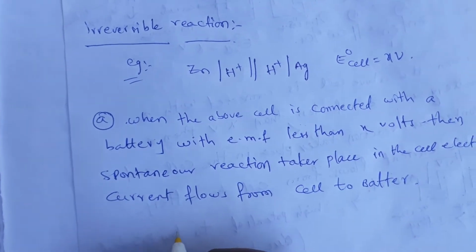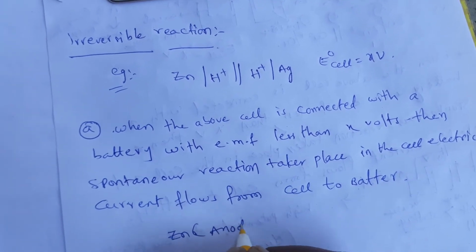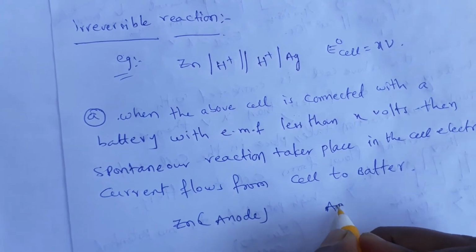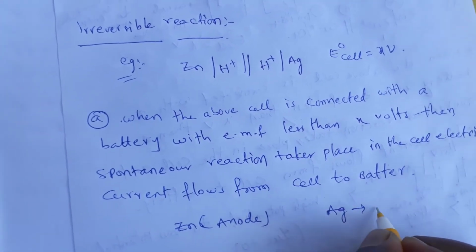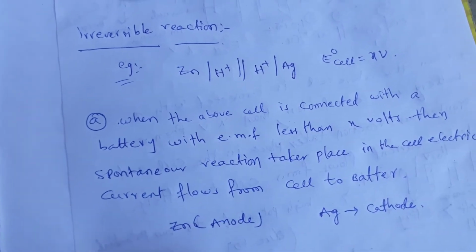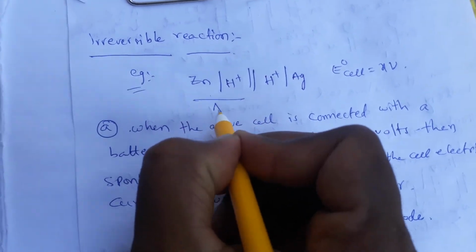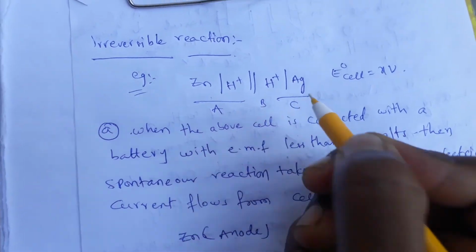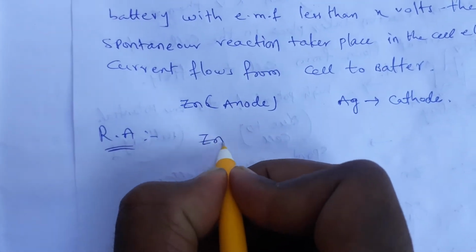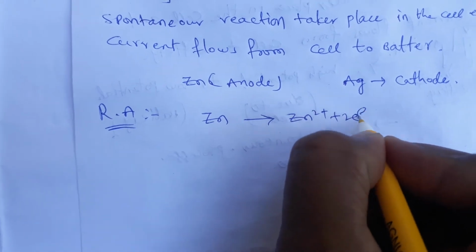That means zinc is the anode, and silver is the cathode. So what is the reaction at the anode? Oxidation will take place at the anode. So zinc gives Zn2+ plus 2 electrons here.